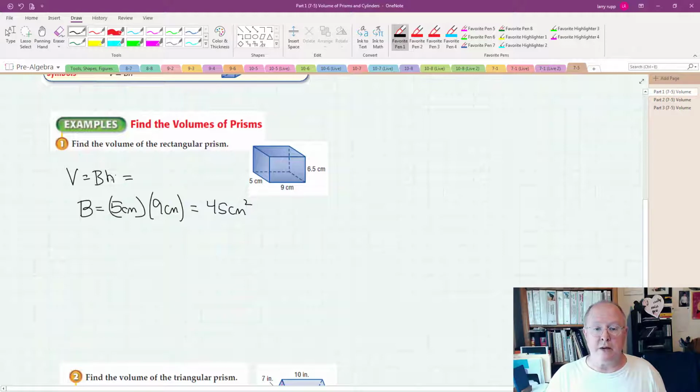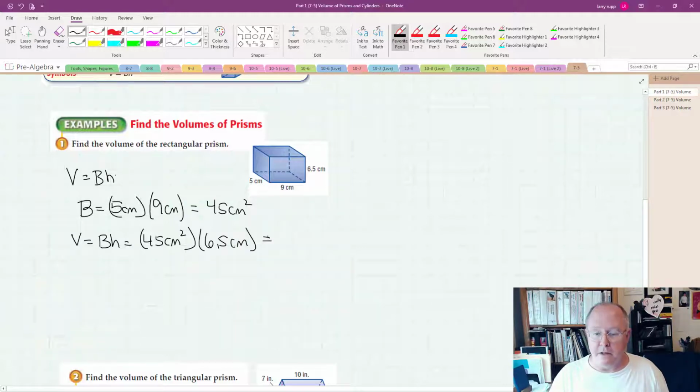Now we go back up to our formula up here, and we say now we need to know what the h is. So V is equal to capital B times h, which is 45 centimeters squared. And what's the other dimension that we haven't looked at yet? We haven't touched 6.5 centimeters.